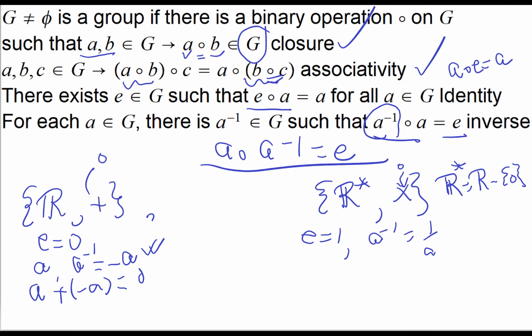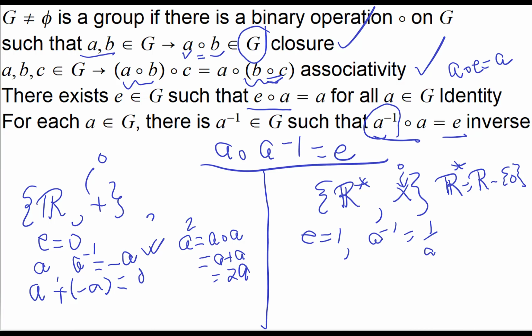So what we have to get used to, as I said, is this. Say for example, if I say a square here, that is a o a, that is a plus a, and that is 2a. So when we are talking about this as a group, with addition as the binary operation, a square is 2a. Don't worry, we will not get too mixed up in these, but just letting you know.